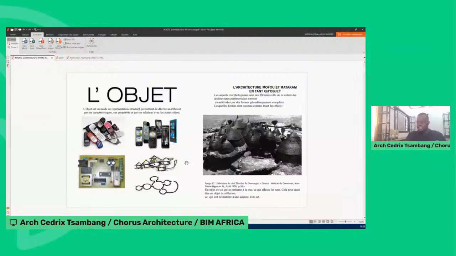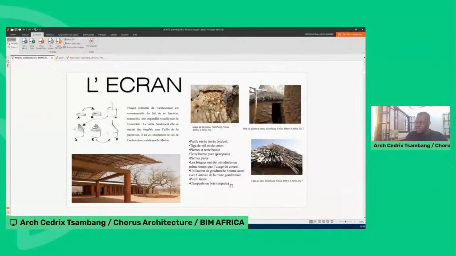So the difference between the two types of technology, the two types of forms here, is the functioning. We do the same thing with the local and traditional housing. We analyze what they call the screens. Screens is the various parts, the wall, and everything.